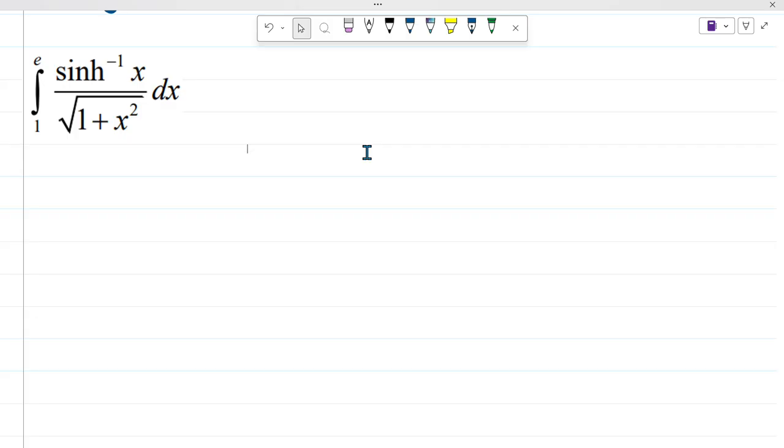In your test it's going to be rare for you to be given the integration of the inverse hyperbolic functions directly. Sometimes it's going to come in a way where you have to use the general power rule, general log rule, and so on. So you just need to be very careful.